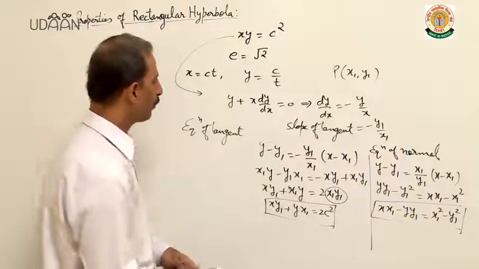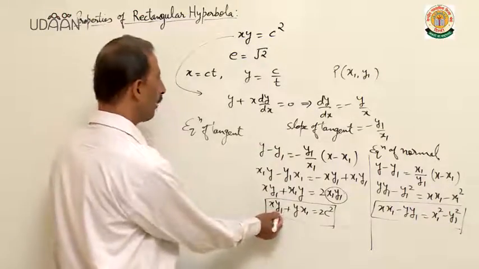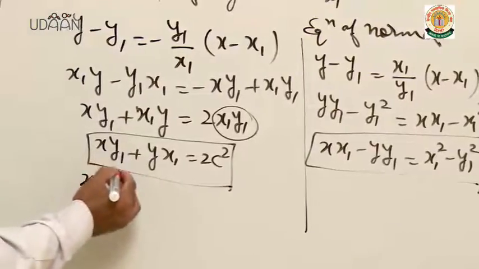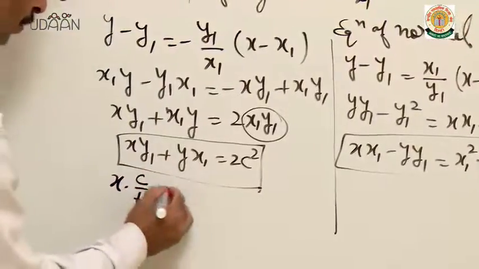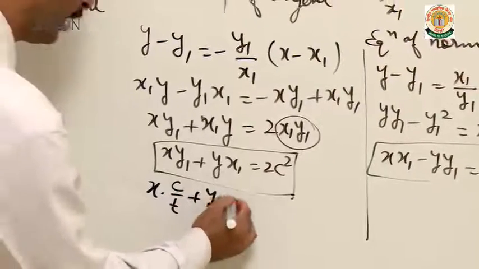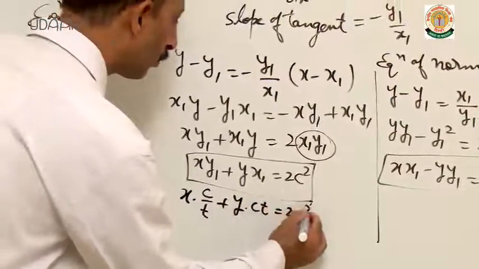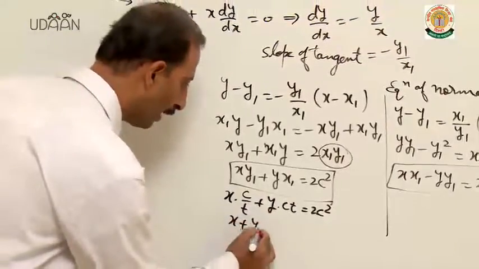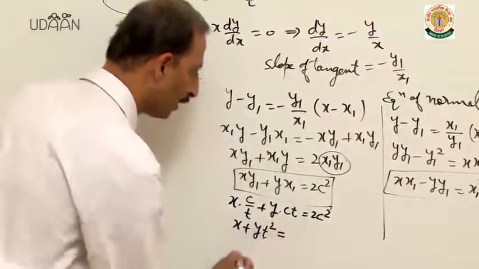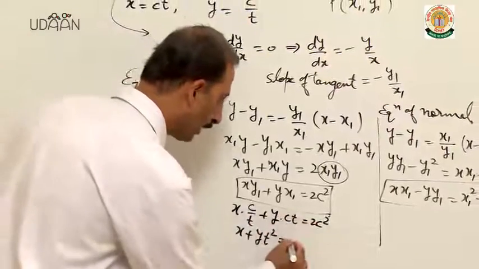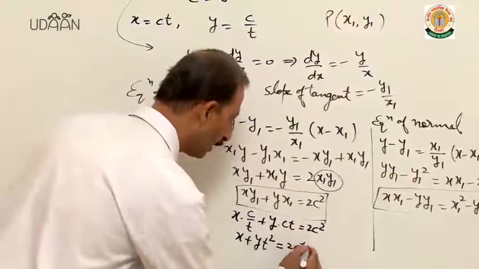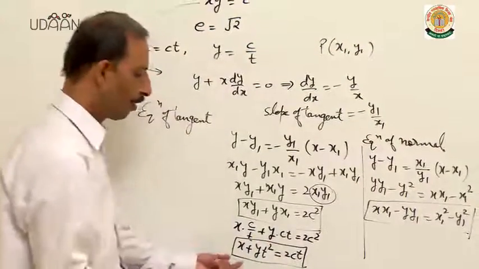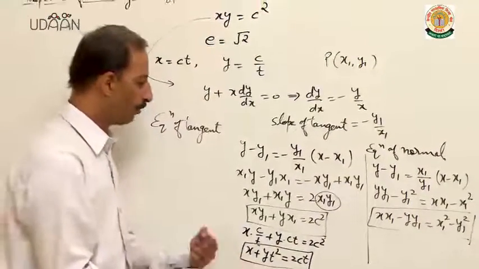So in place of y1 it becomes c upon t, plus x1 becomes ct, is equal to 2c square. Simplify this, you will get x plus y t square is equal to 2ct, you can take c in common, cancel. This is the equation in parametric form, equation of tangent.